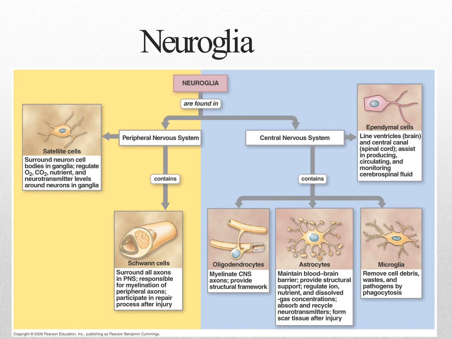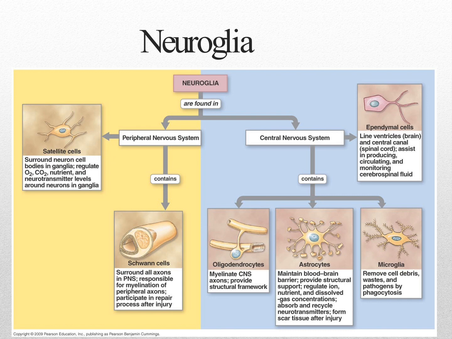So here are the neuroglia. Remember, I told you that there are different glial cells for the peripheral nervous system and for the central nervous system. The way this diagram is situated, it starts with the peripheral nervous system, so we'll go with that. The satellite cell is the first cell we're looking at on this diagram. The satellite cell surrounds the neural cell bodies in the ganglia.